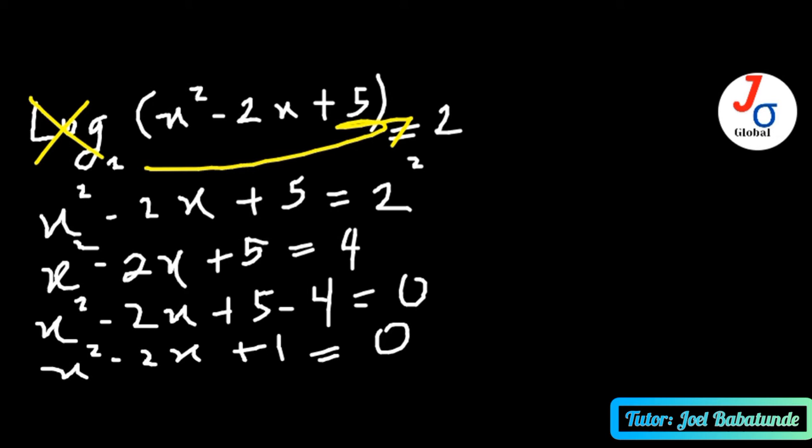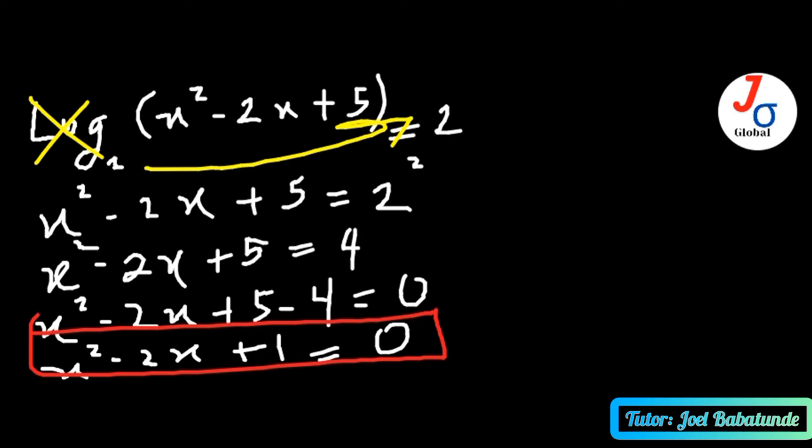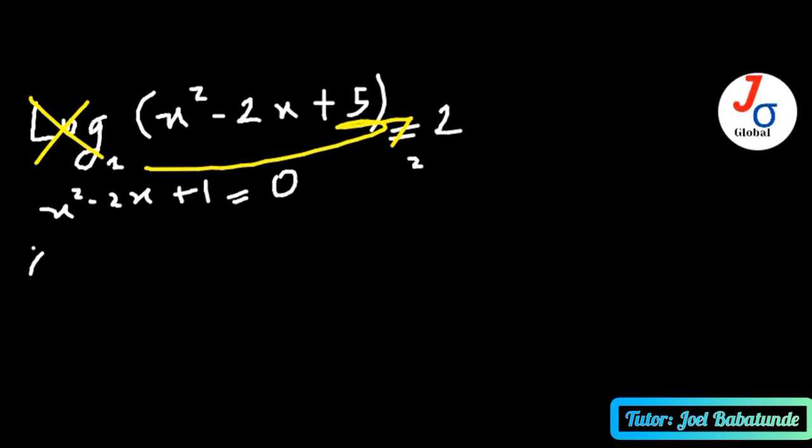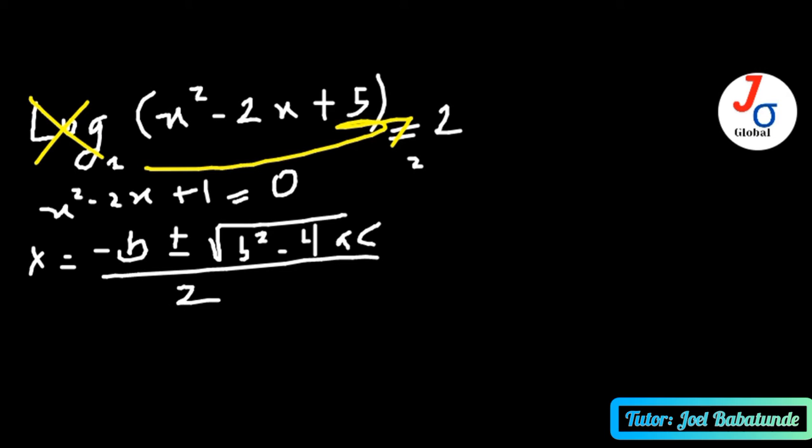So this leads us to a quadratic equation. And how do we solve a quadratic equation? We've done that in the previous video. You just have to use the formula method. And so we have x equals minus b plus or minus the square root of b squared minus 4ac, over 2a.